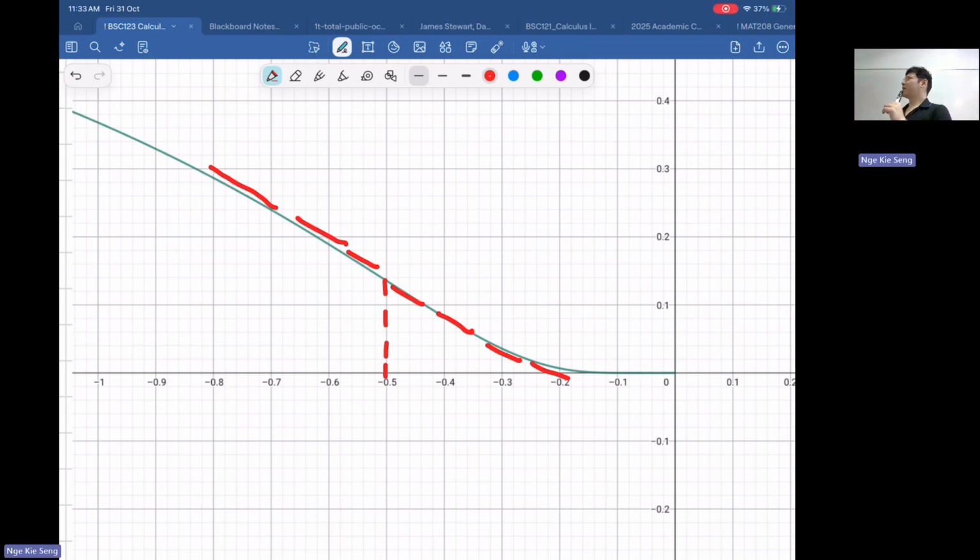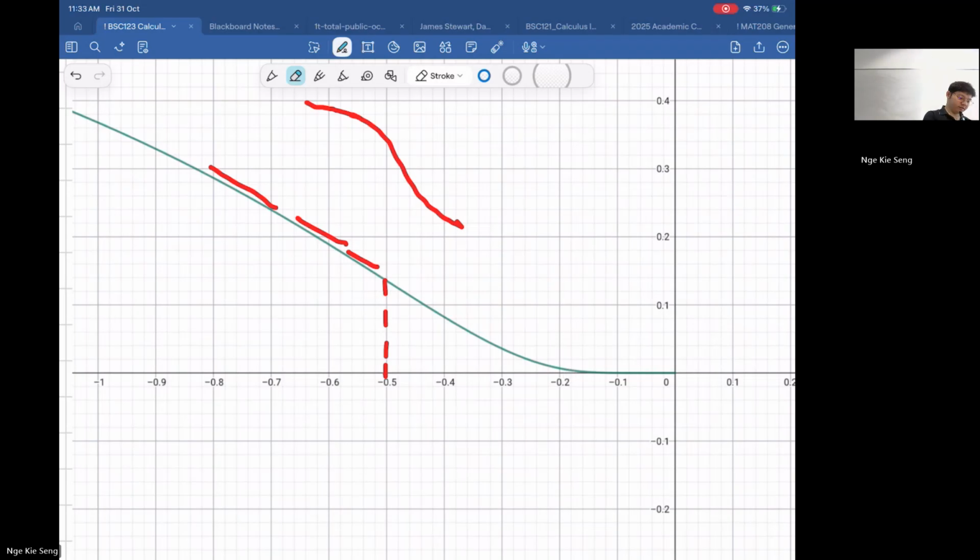Sometimes you need to really zoom in to see. You cannot just see from far away on the graph. There's a very slight change like that, so small that you cannot differentiate it if you didn't do the calculation. Here, this is the change.